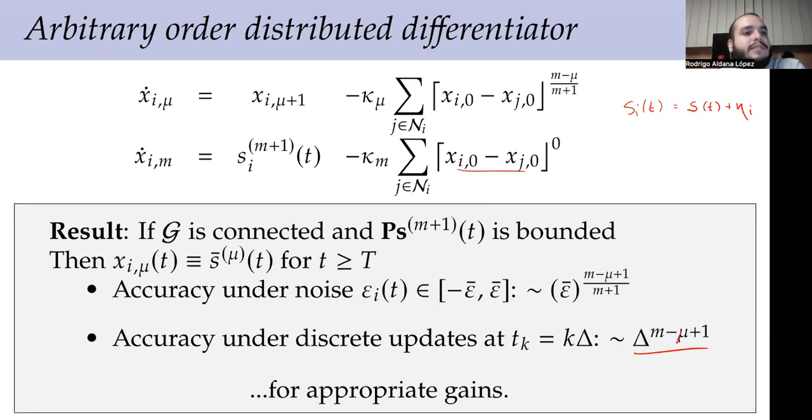So the error increases with this delta, which is the delay, up to some power, okay? And of course, as you increase m, this gets smaller, but only for small values of the sampling step. So using a comparison between different powers, you can show that you can reduce chattering, for small sampling steps, using a higher order.